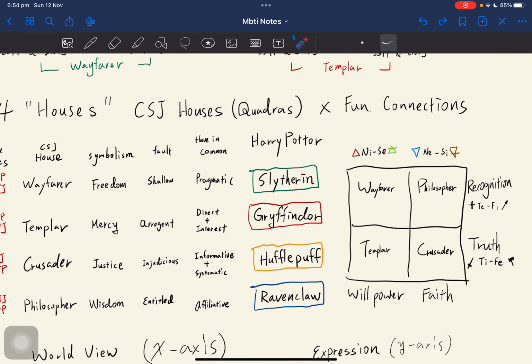Okay, so yeah. And then you can also see, maybe this kind of symbolisms, what kind of characteristic do they embody.